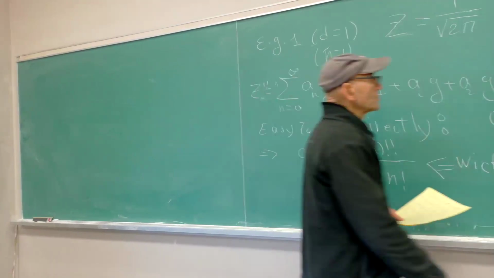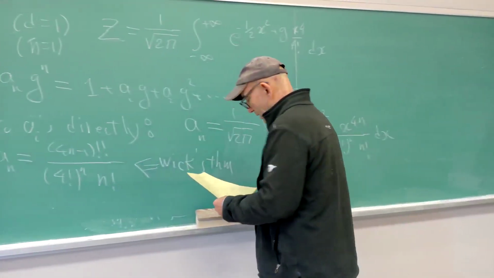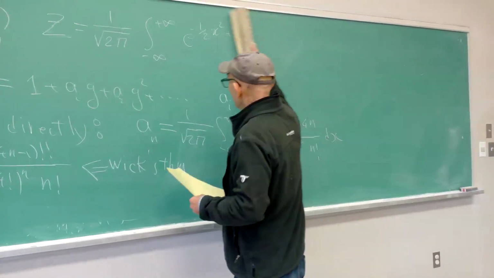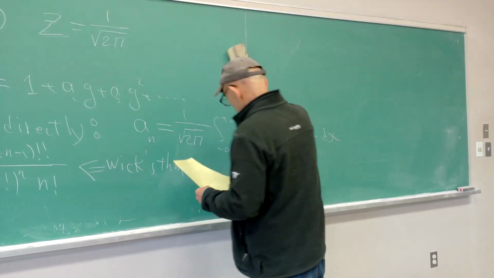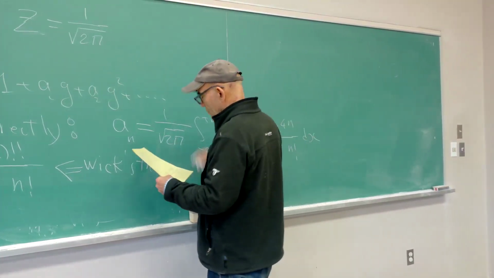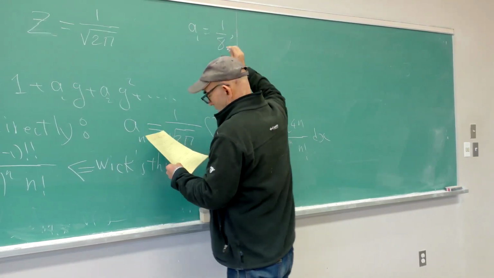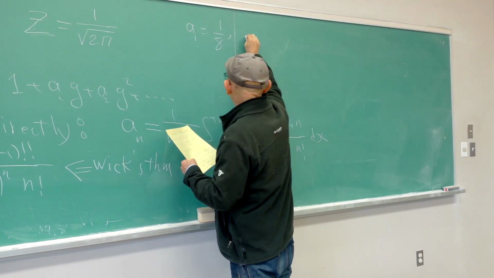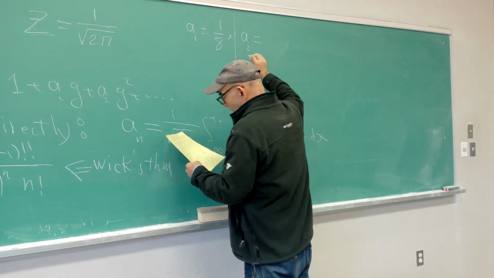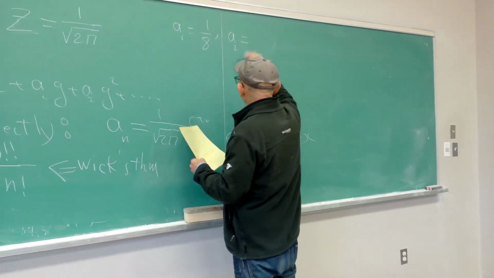Then I just write the values that we obtain here because I'm going to check them later on. You get a1 equal to 1/8. You get a2 equal to 35/384.